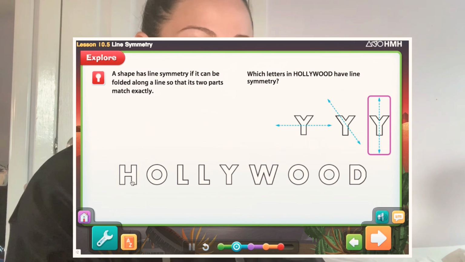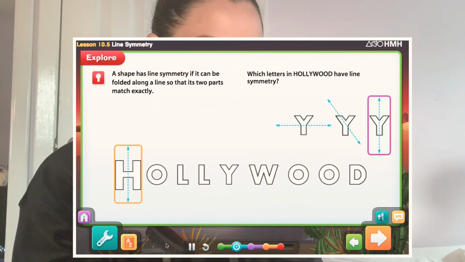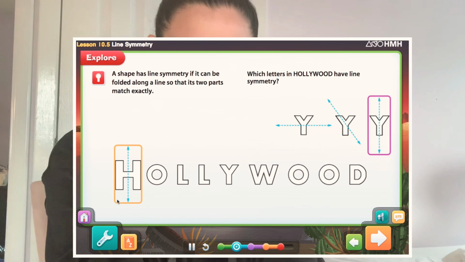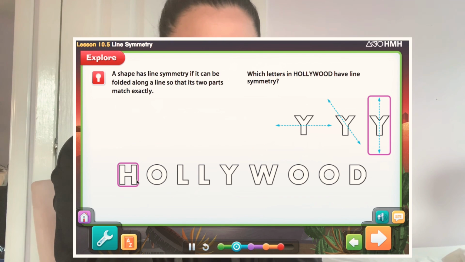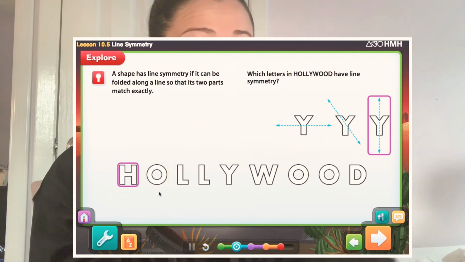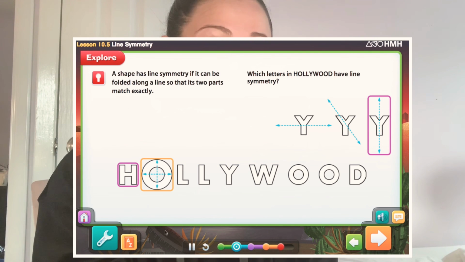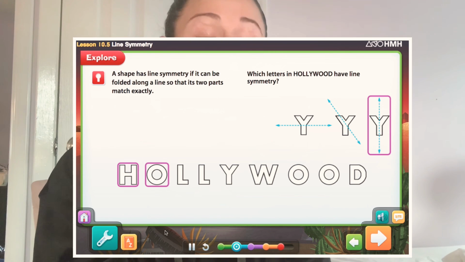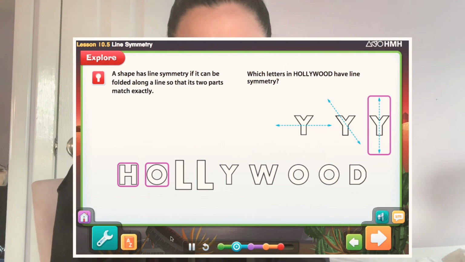Let's look back at the word Hollywood with the other letters. Do any of the other letters show lines of symmetry? Yes, the letter H you can fold vertically because both sides match. How about the letter O? Yes, it does. It can be folded horizontally and vertically, so that's showing 2 lines of symmetry.